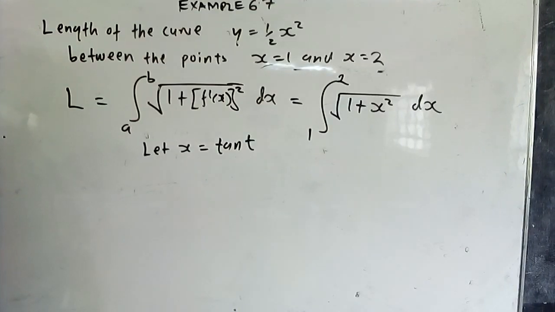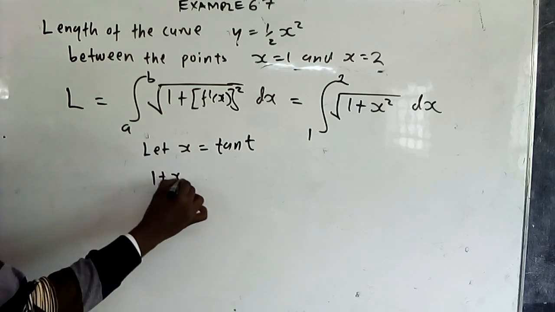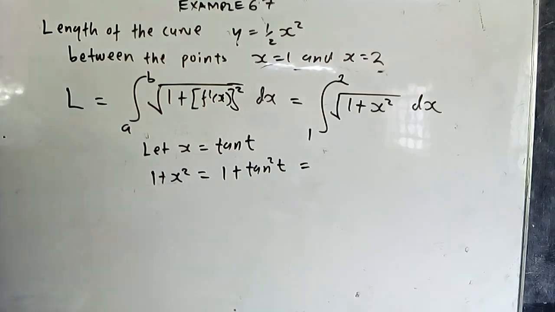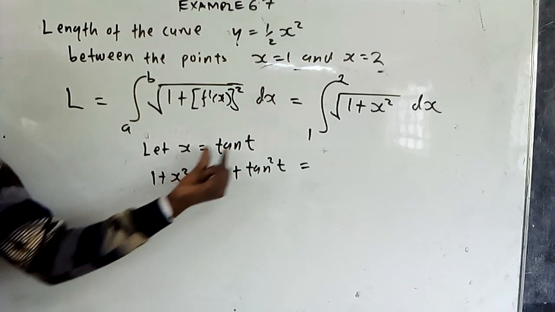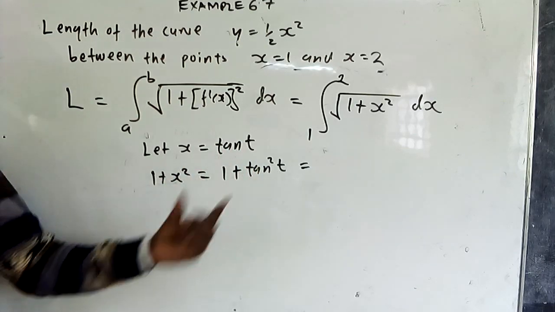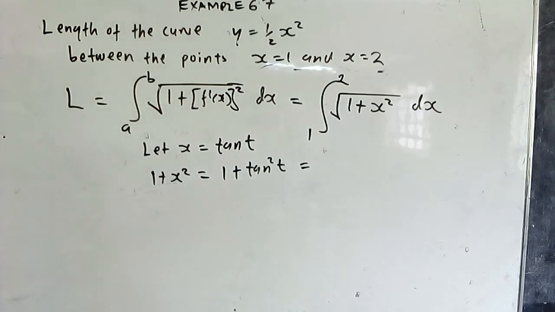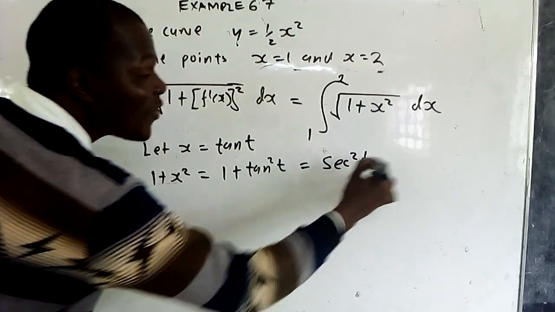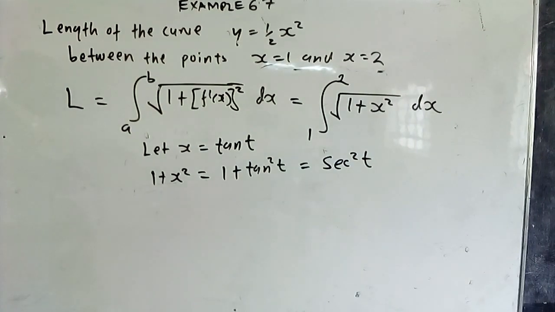So 1 plus x squared is 1 plus tan squared t. Now 1 plus tan squared t is a Pythagorean identity: it is sec squared t.